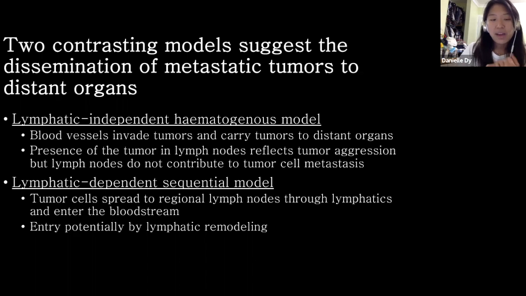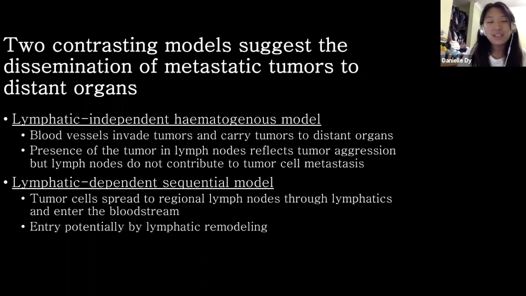It says blood vessels are responsible for invading tumors and carrying them to different locations, and in this model the lymphatic system doesn't necessarily play an actual role in the metastasis. Instead, they say it's just a reflection of how aggressive the tumor is.